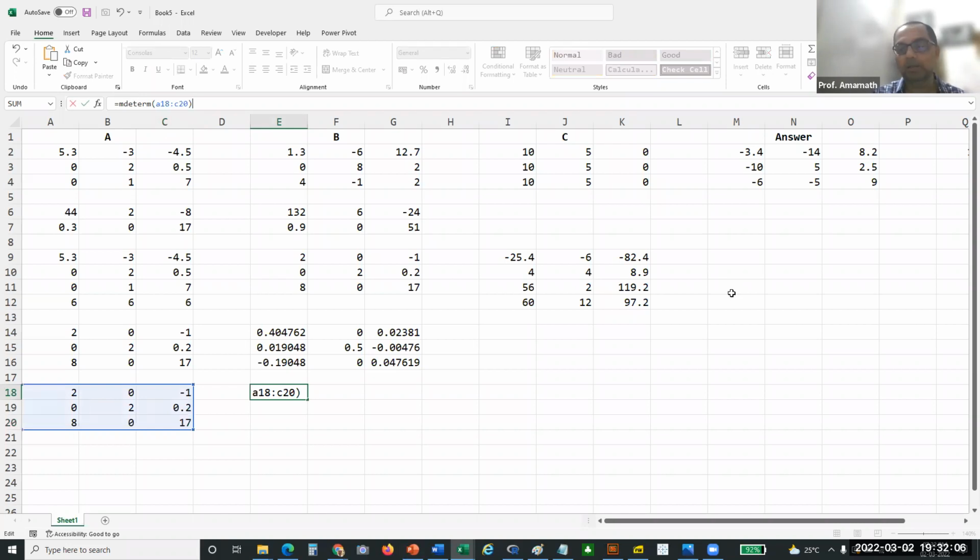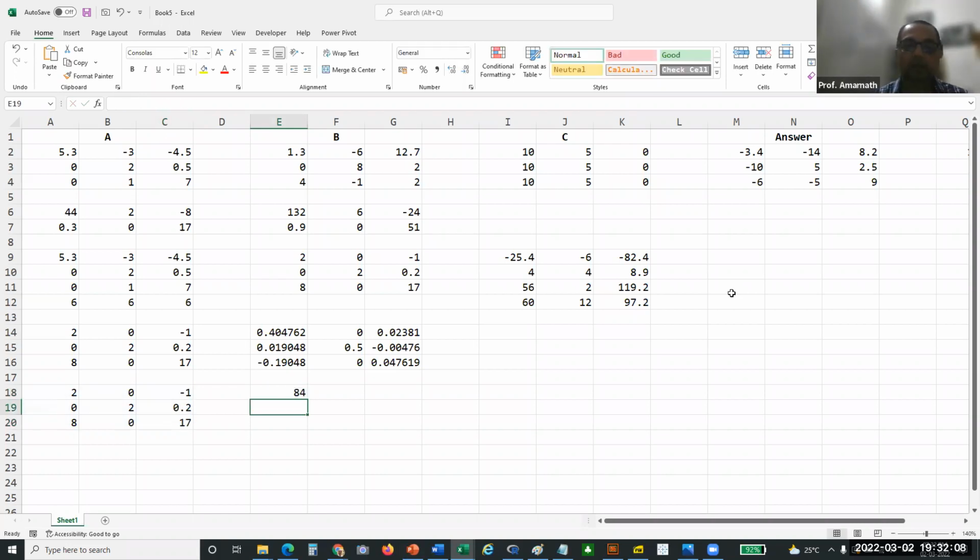There's no Control Shift Enter. The determinant of this matrix is 84. Only here we do not use Control Shift Enter; we just get the determinant of the matrix.